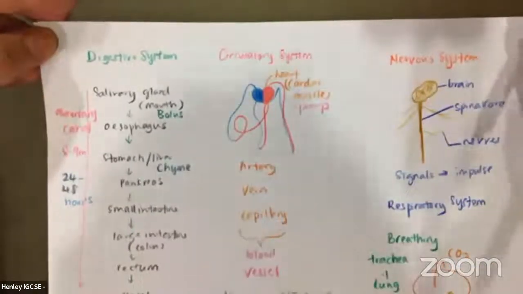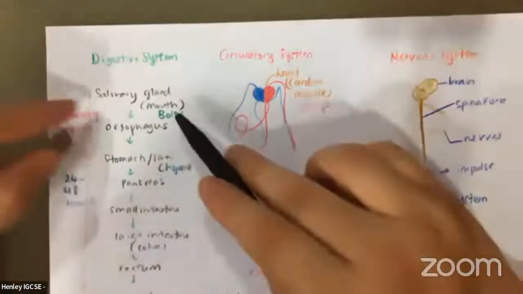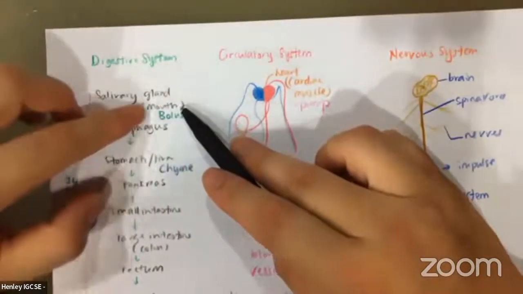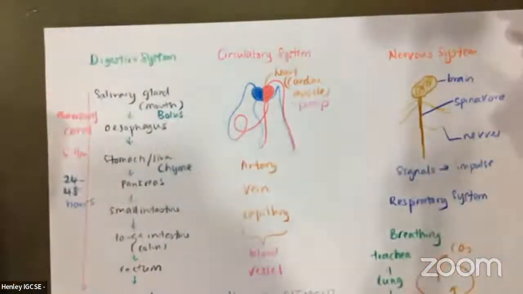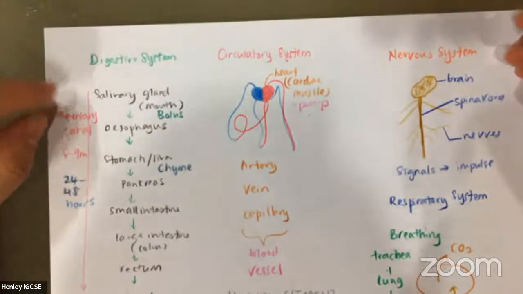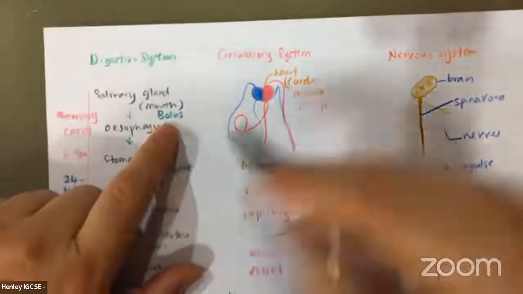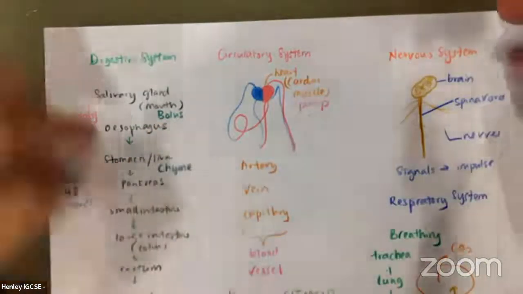Okay, so we should go to the digestive system. The digestive system starts from the salivary gland, which is the mouth. There are some keywords that you need to answer in your exam. One of the keywords should be bolus.